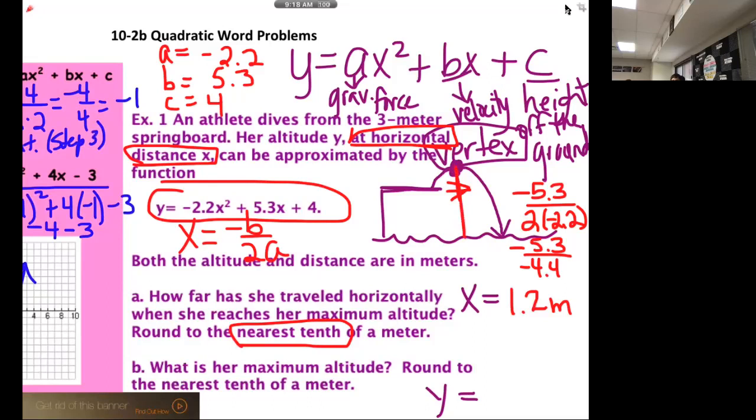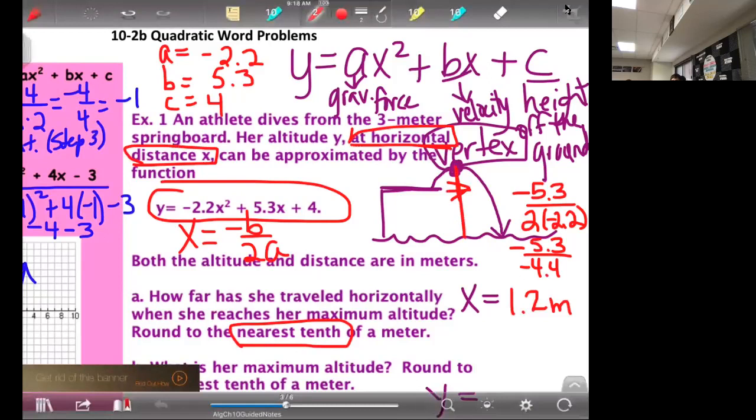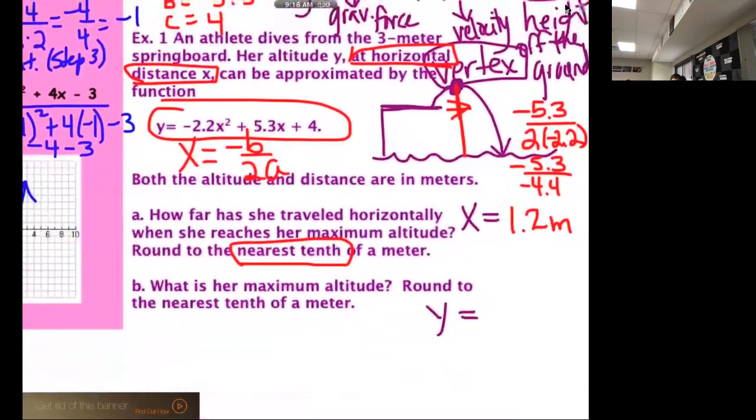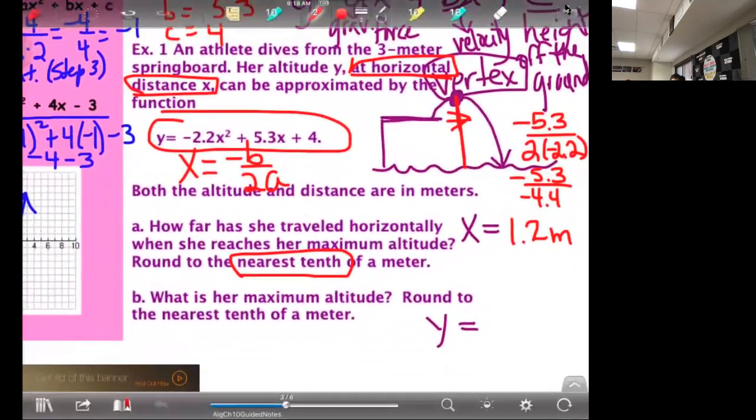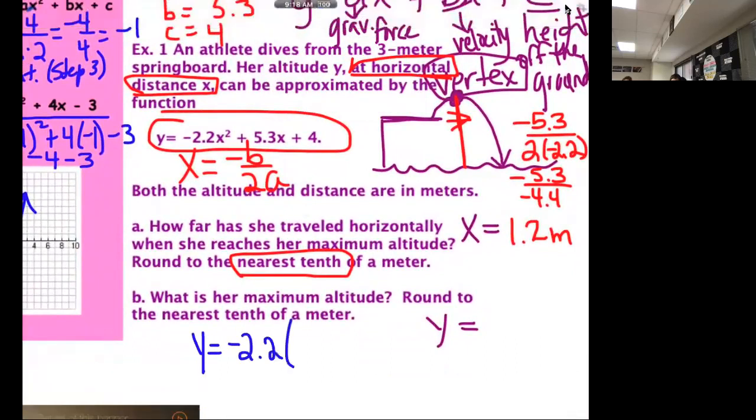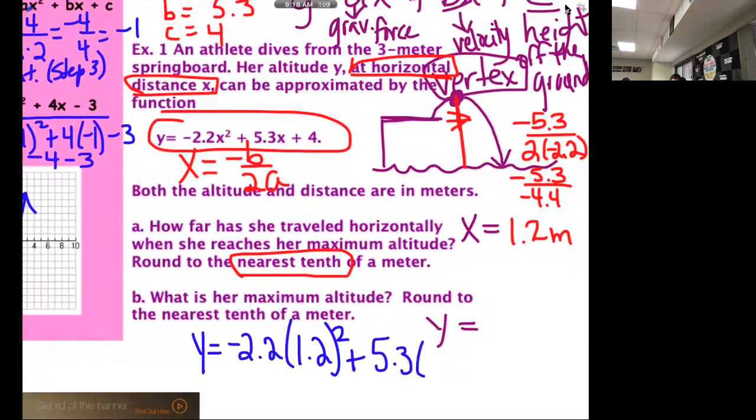Okay, so now let's plug that in to solve for our maximum altitude, which is going to be y equals negative 2.2 times 1.2 squared plus 5.3 times 1.2 plus C. How high did she get? 7.192.